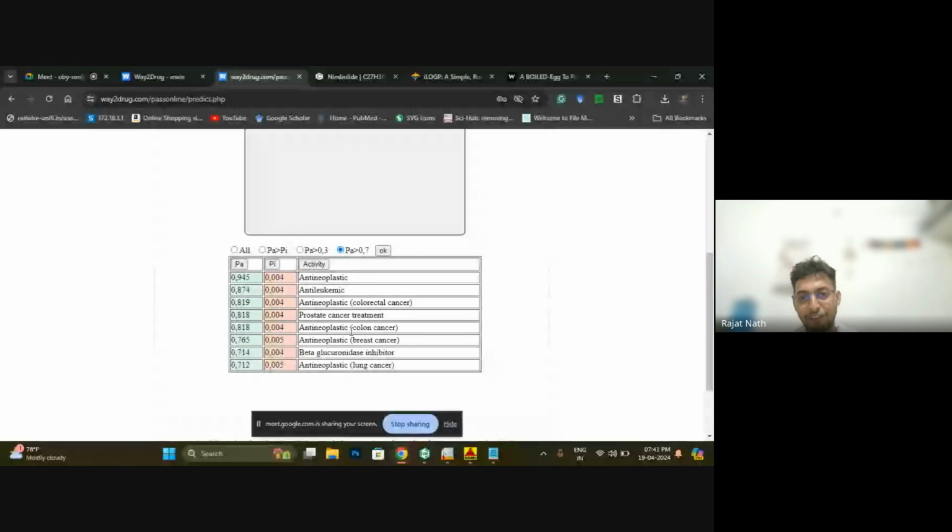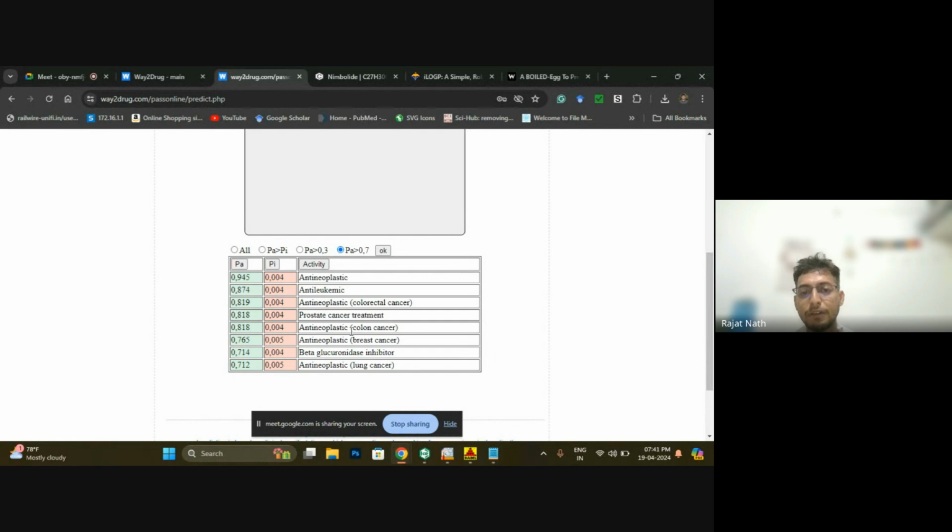And one interesting thing: in my PhD, I worked with the compound nimbolide. I worked on non-small cell lung cancer, and I found very good results in in vitro studies on two to three cell lines in lung cancer.